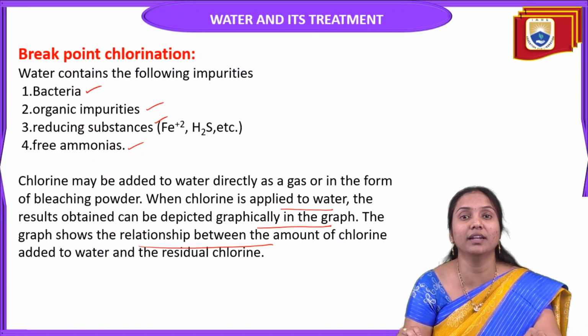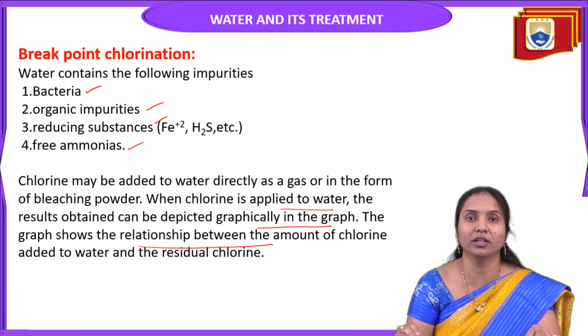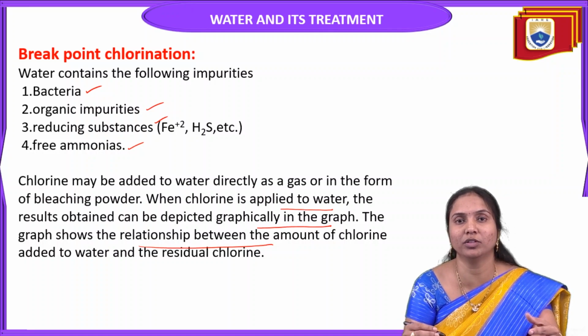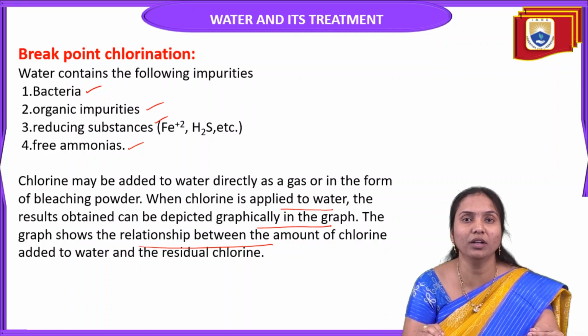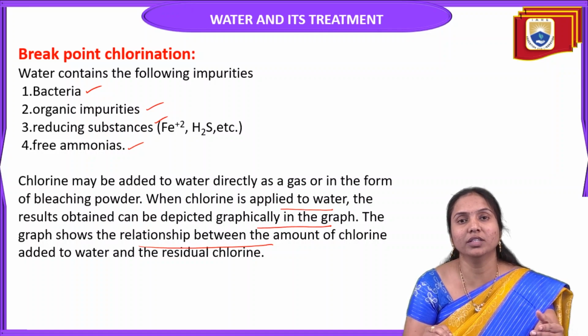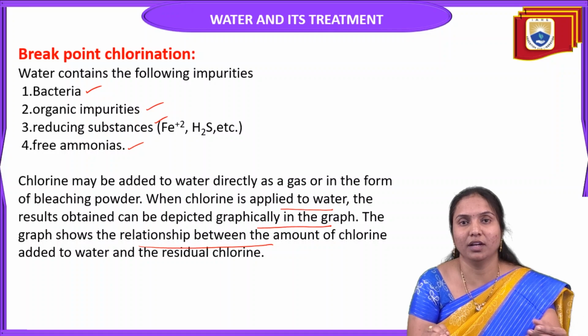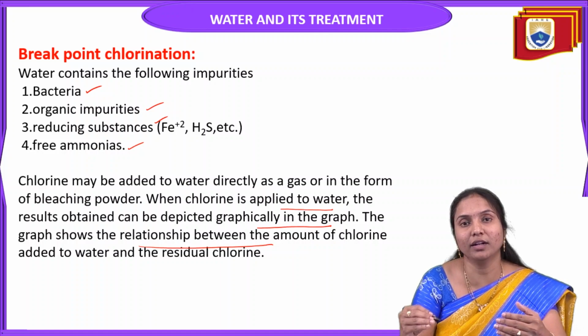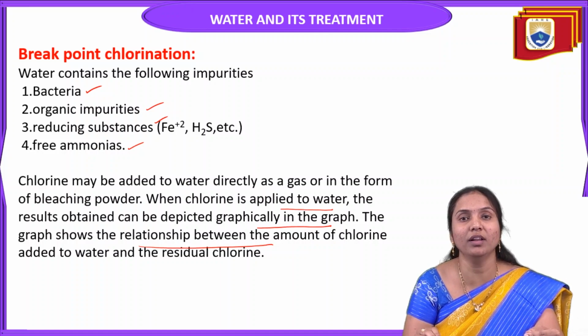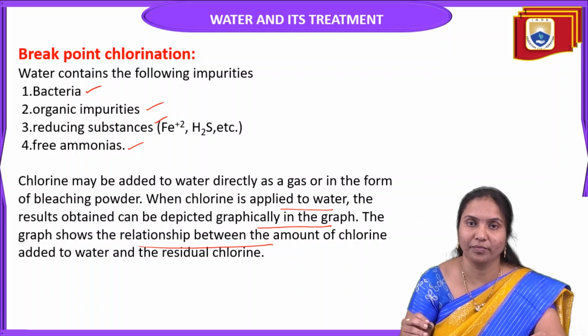Residual chlorine is unreacted chlorine. For example, when we add some amount of chlorine to the water, that is called applied chlorine. A few percent of the chlorine reacts, and unreacted chlorine also remains in the water, which is called residual chlorine.